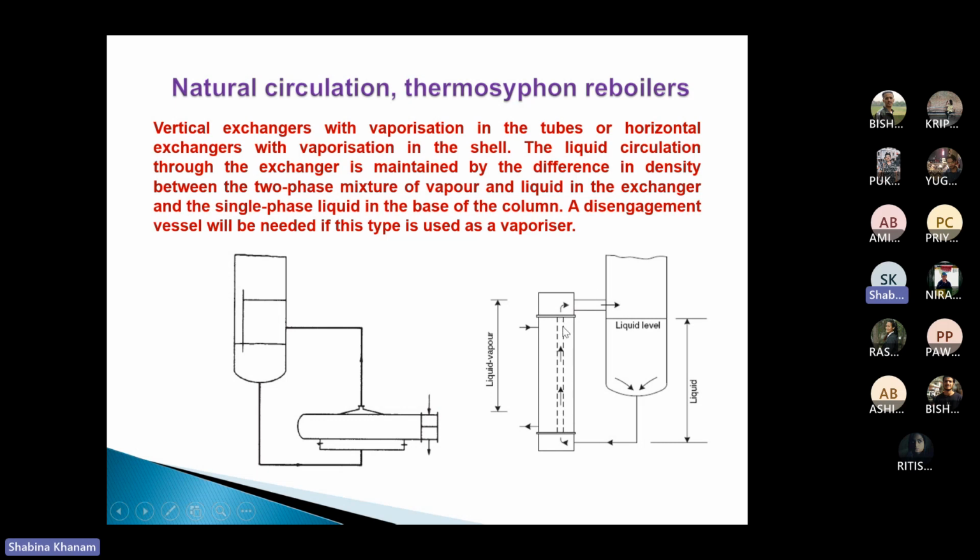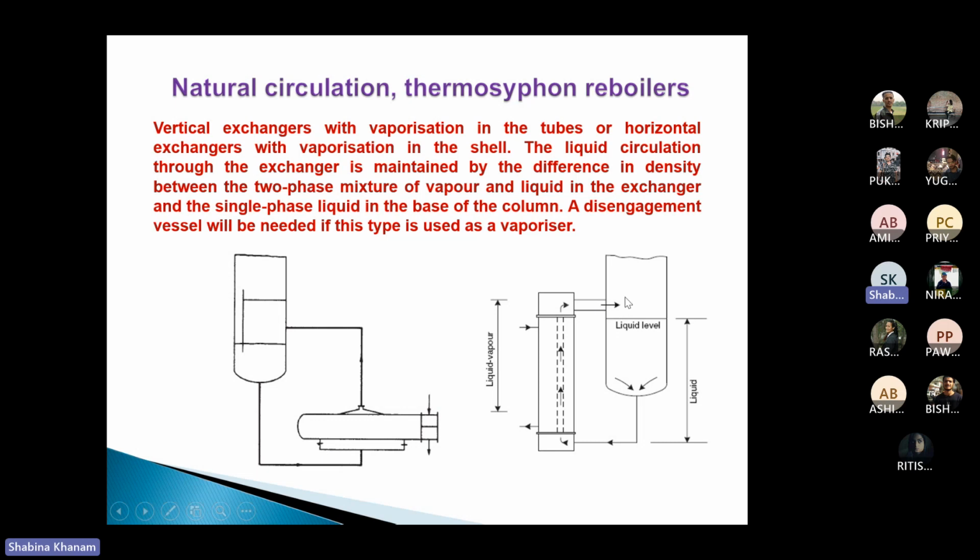As the movement occurs, vapor formation starts, but the vapor and liquid move together upward. When it exits the tube, it enters the distillation column, and again the mixture of vapor and liquid enters it. So the final separation will occur in the distillation column.